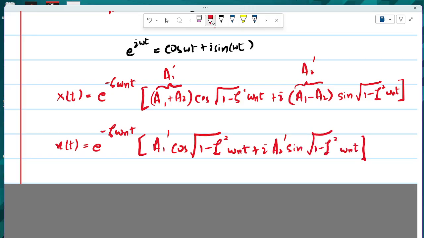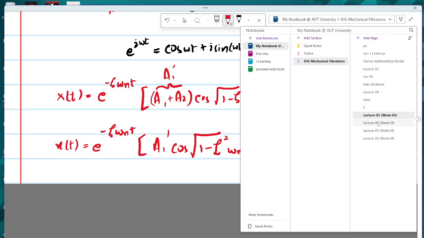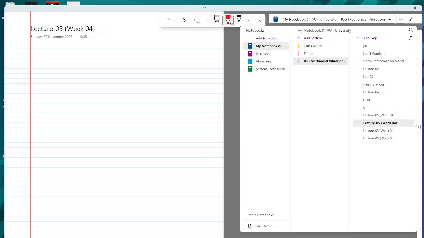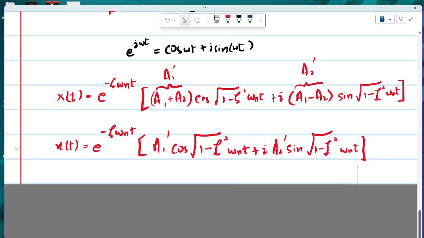Now you can even solve it further and write it in sine and cosine form.